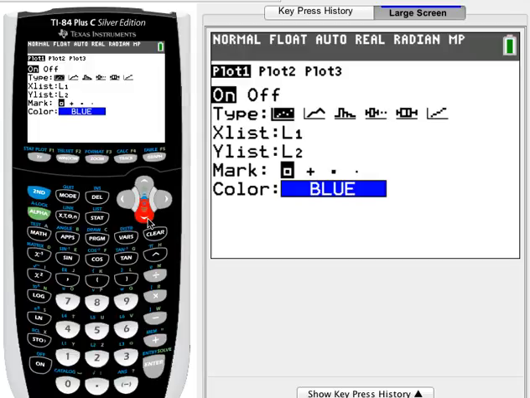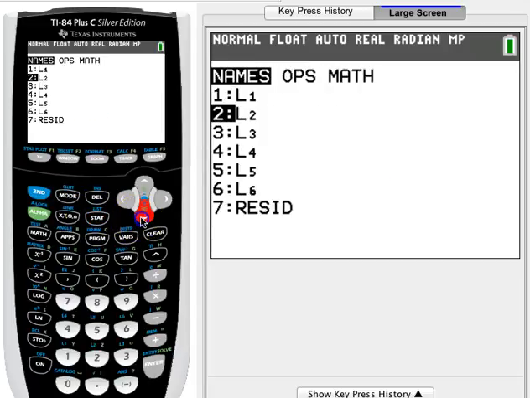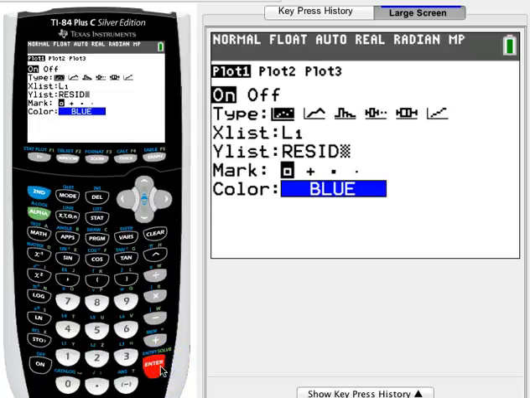Now, how do I get it to do that for me? Well, notice this list command, if you go into list, residual is a secret list that gets stored whenever you run a linear regression. So this is going to basically trick my calculator into making a residual plot for me.